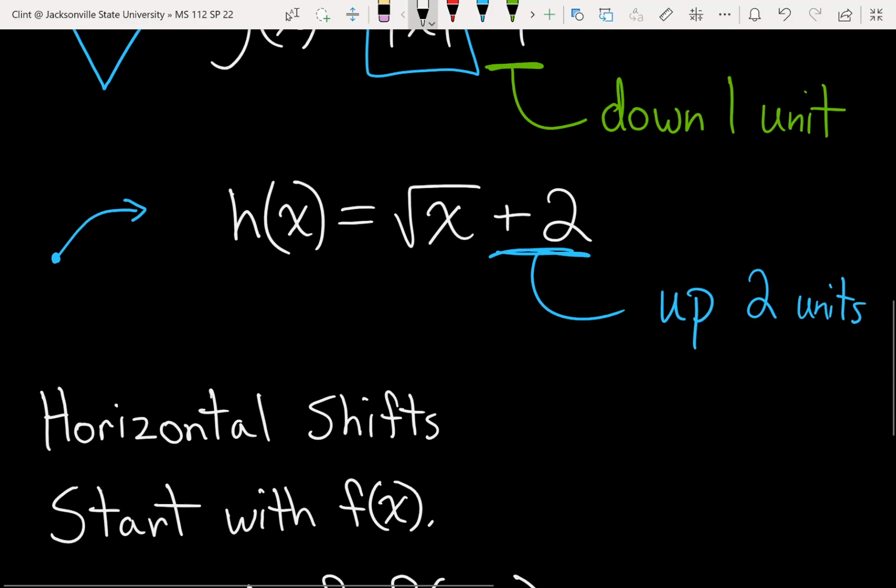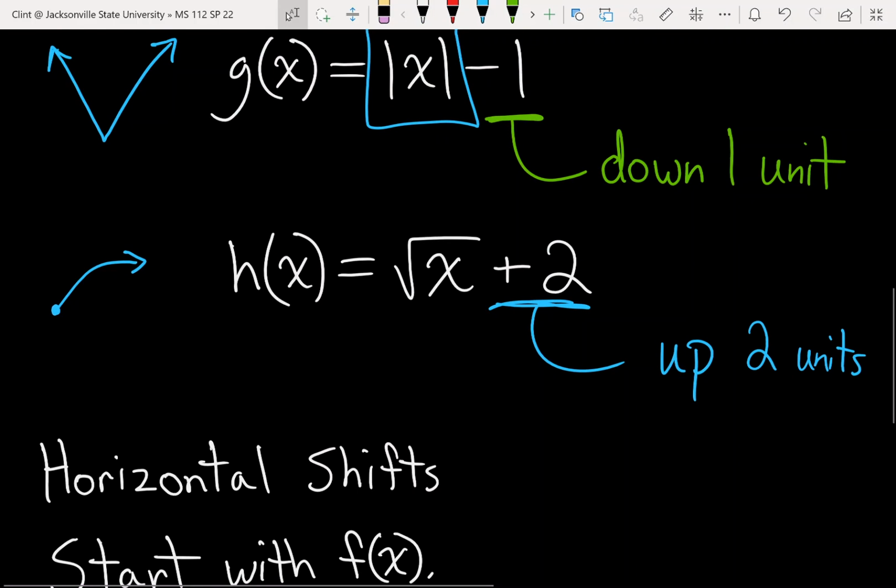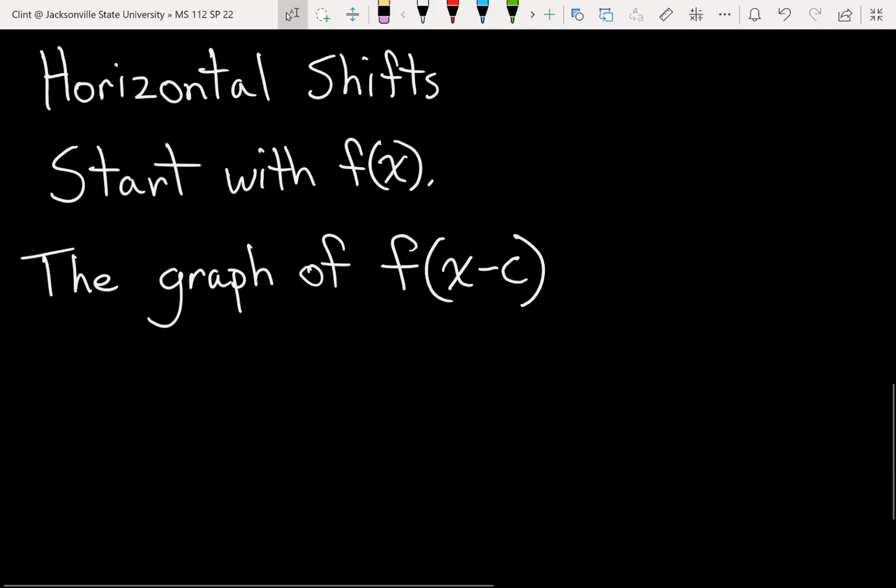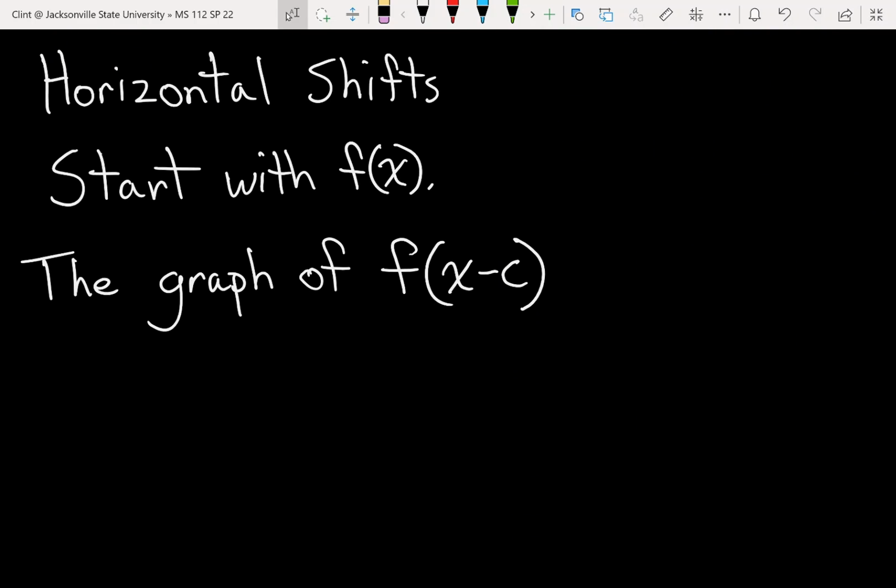On the vertical shifts, the plus or minus is outside. Here, these horizontal shifts are going to be inside with the x.